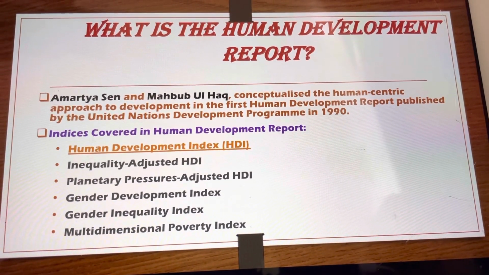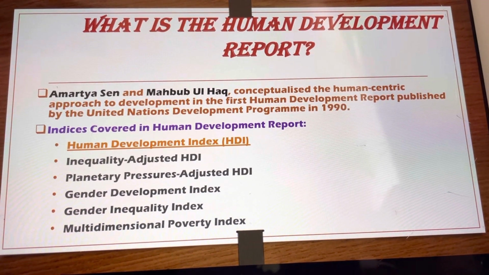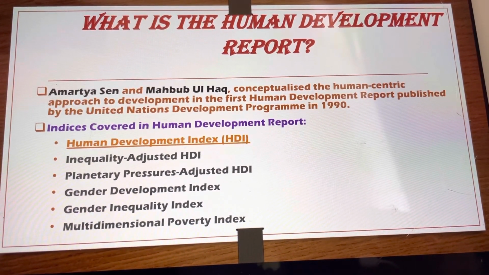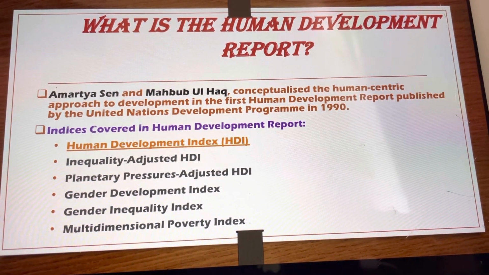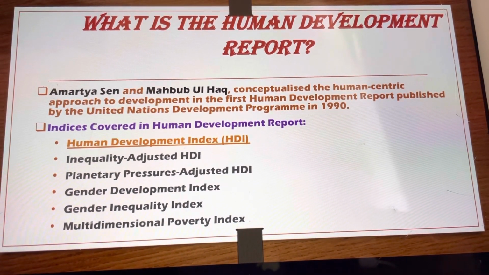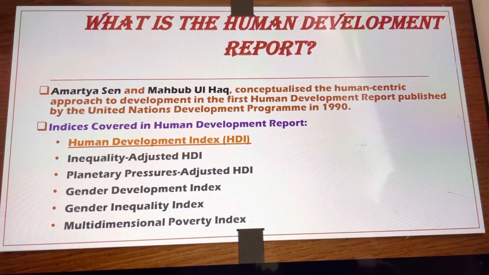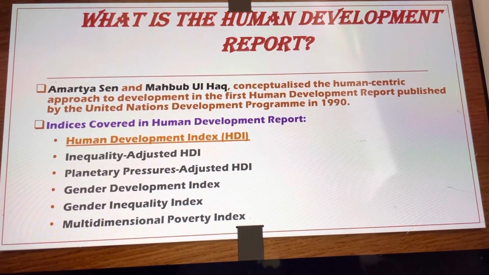What is the Human Development Report? What does it say? Amartya Sen and Mahbub ul Haq conceptualized the human-centric approach to development in the first Human Development Report published by the United Nations Development Programme in the 1990s.